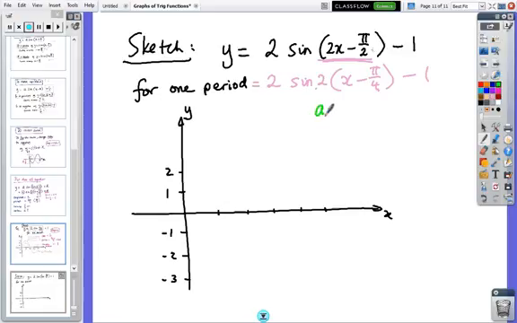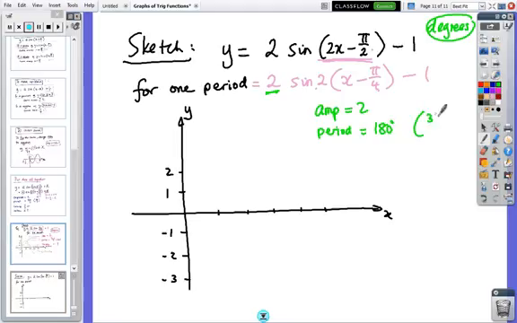So the amplitude is the 2 from there. Now I didn't say what mode, so let's stay in degrees, make it easier. So the period is going to be 180 degrees, 360 over 2. The sideways move is called a phase shift.